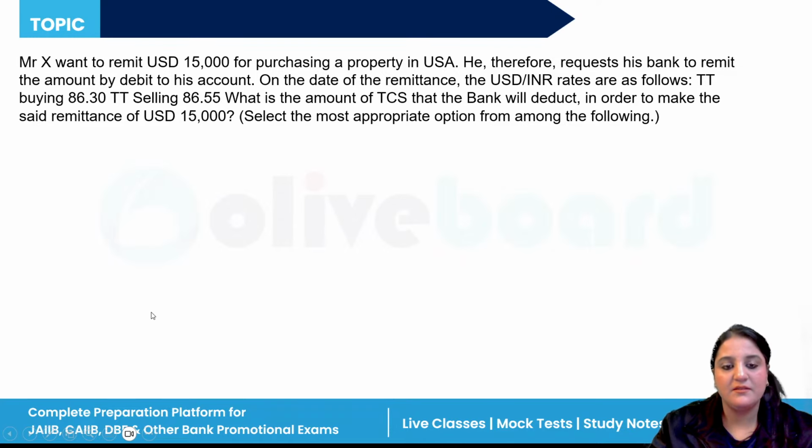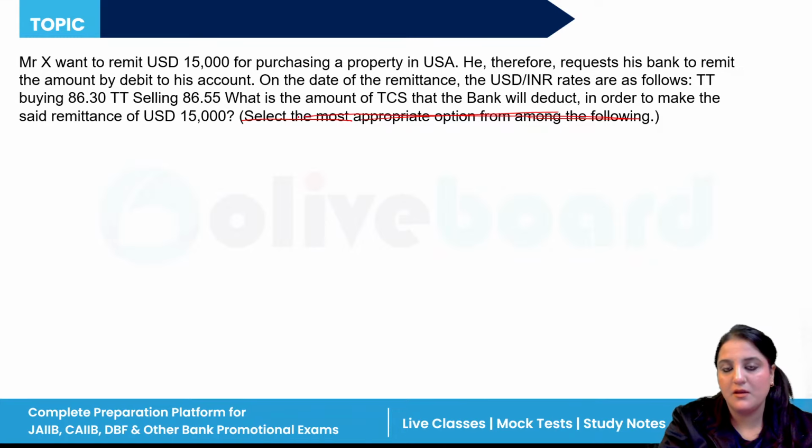Just ignore this line, I just cut the options to make the question without options. So Mr. X wants to remit $15,000 for purchasing a property in the USA. He therefore requests his bank to remit the amount by debit to his account. On the date of the remittance, the US dollar INR rates are as follows: TT buying rate is this, TT selling rate is this.